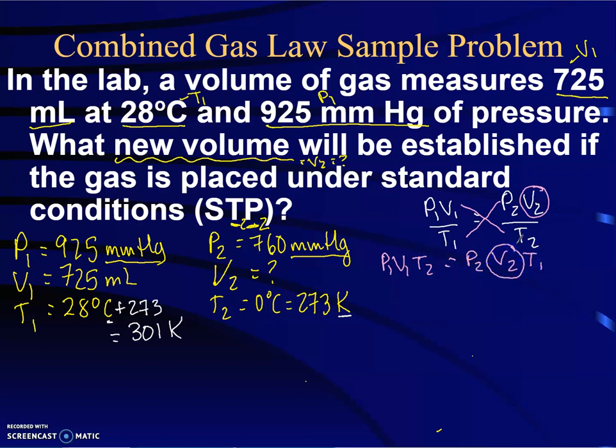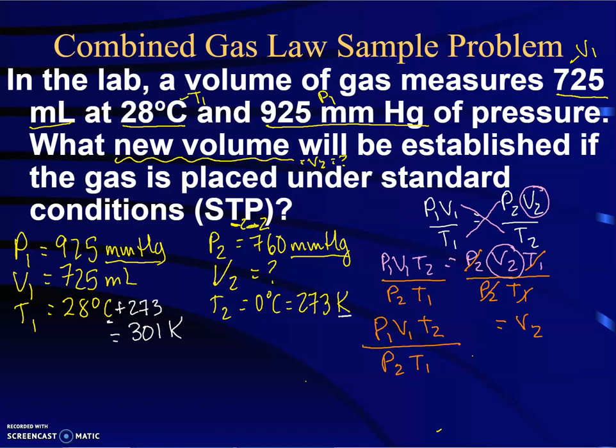I want to get V2 by itself, so I divide both sides by P2 and T1. P2 and T1 cancel out. I get V2 on one side and P1 V1 T2 over P2 T1 on the other.